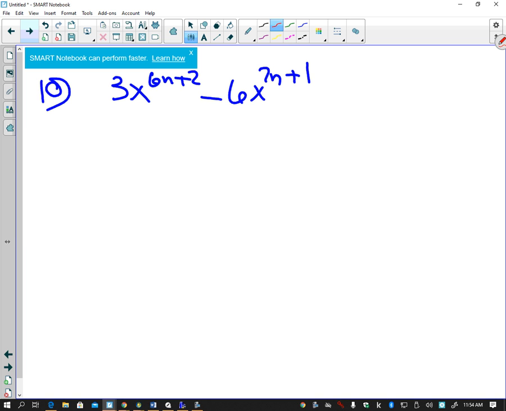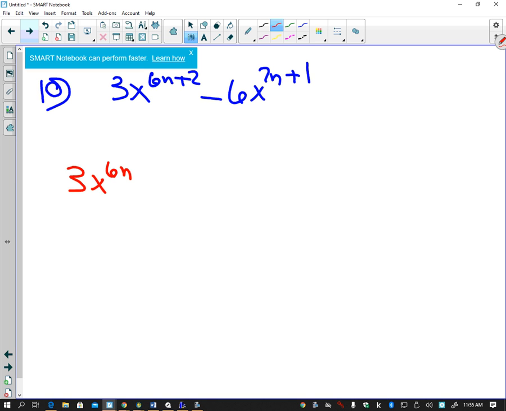That is first to look and see just what goes into everything. So there's a 3 in both constant terms, right? And then I want to look at the x with the fewest number of n's. Well, that's 6, right? That means I can take 6 n's out of both sets.